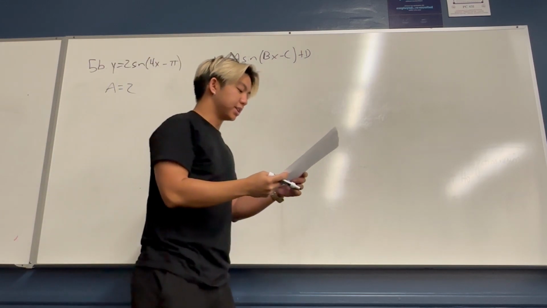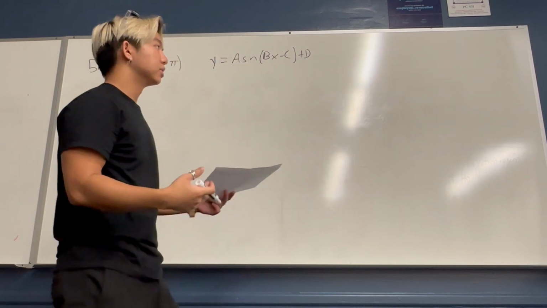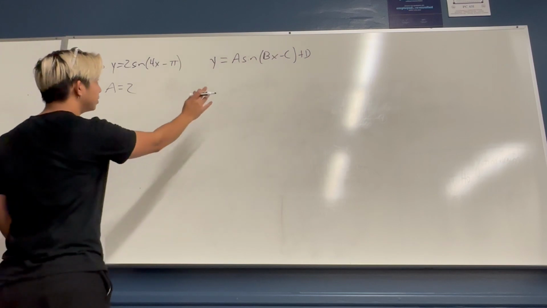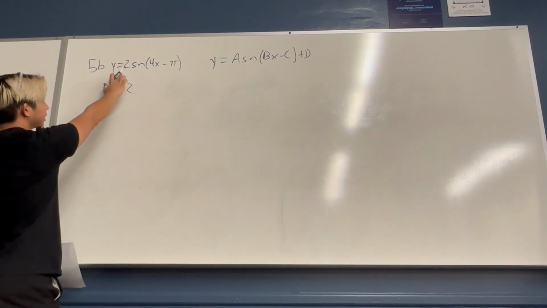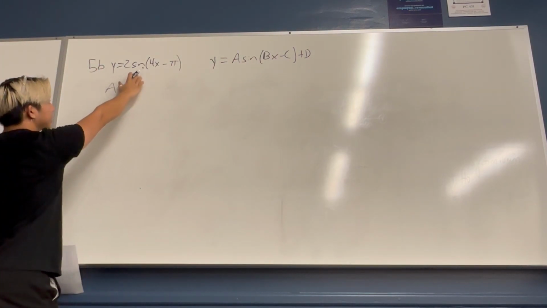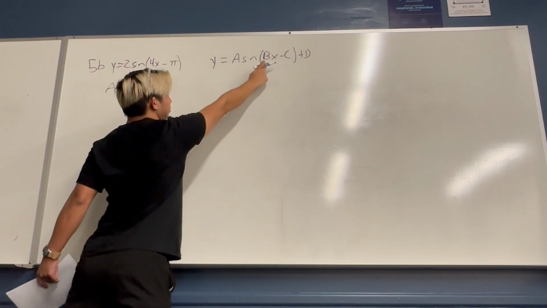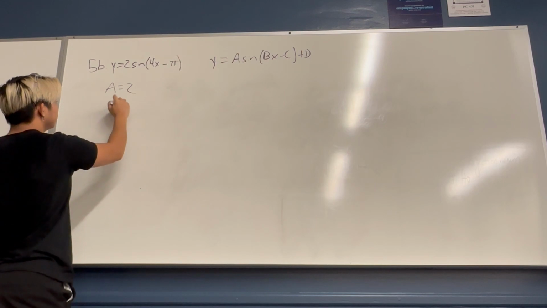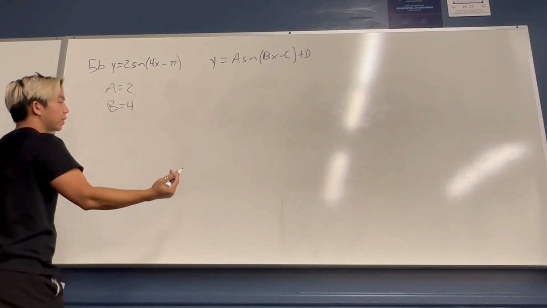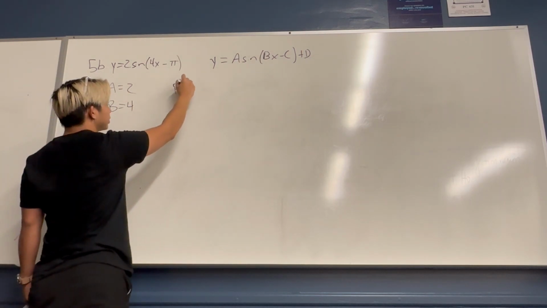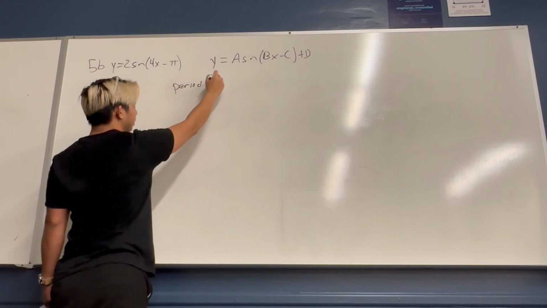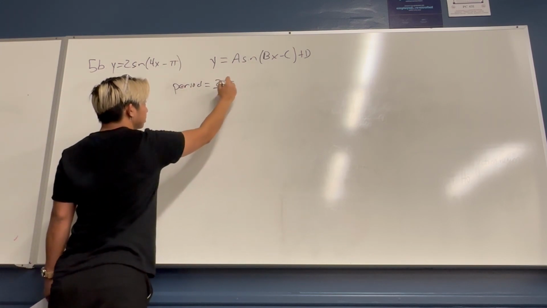And then the next question is, what will be the period? So what is period again? Period is our b. So again, we have y equals 2 sine of 4x. So here our b is just 4. We're not quite done yet though. We know that period has a formula where it's 2 pi over b.